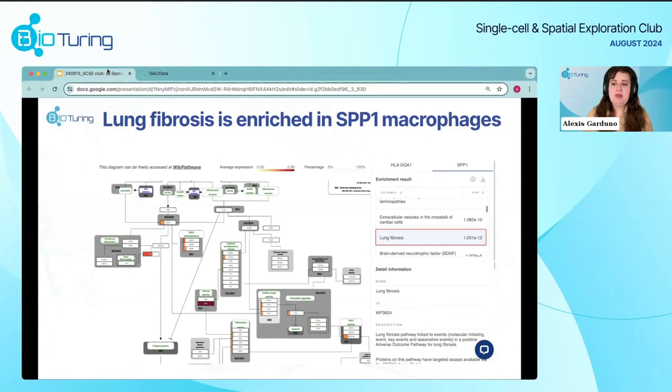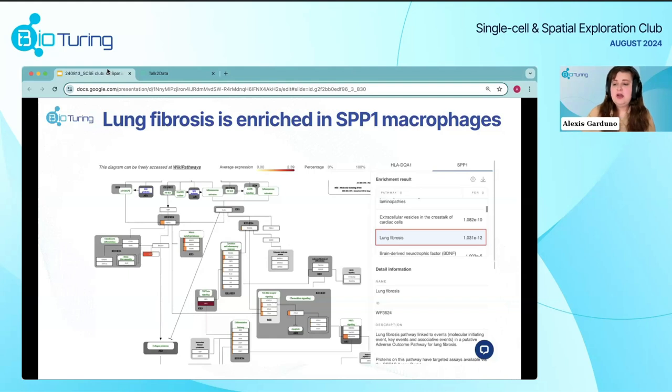So in SPP1 macrophages, we can see that there's an enrichment of lung fibrosis as a pathway, and this may relate to SPP1, MMP9, and MMP12 being some form of prognostic markers for these lung cancers in IPF patients.